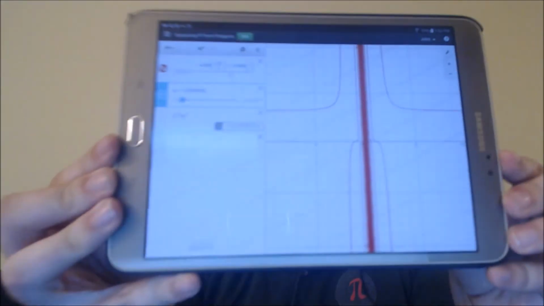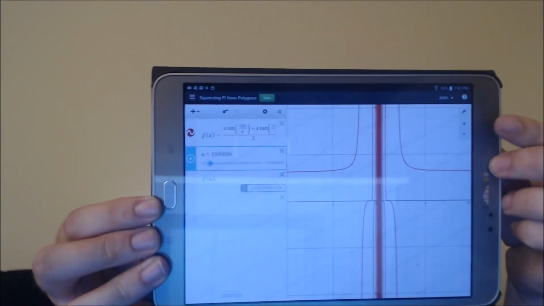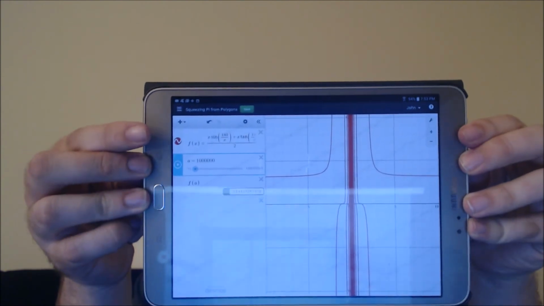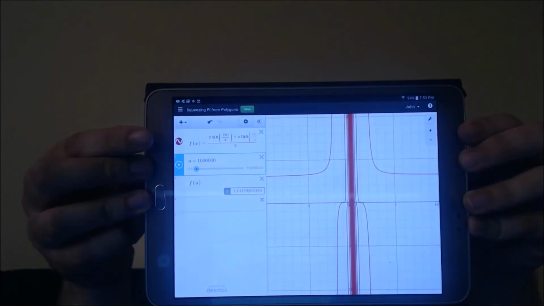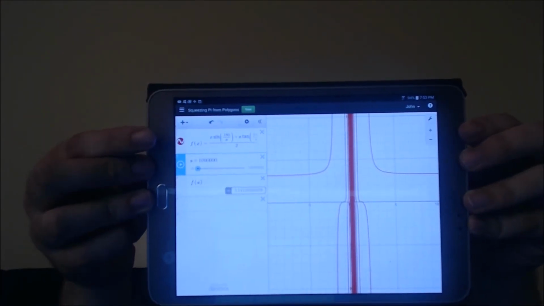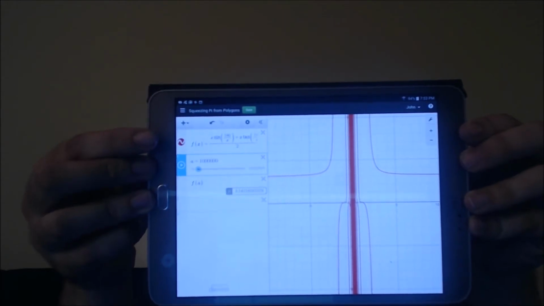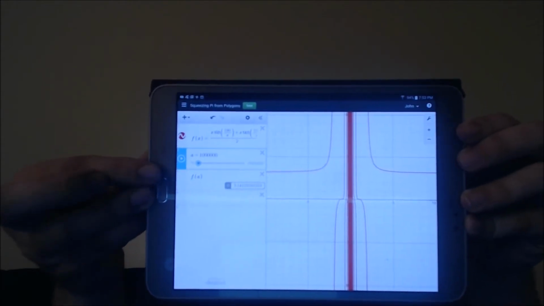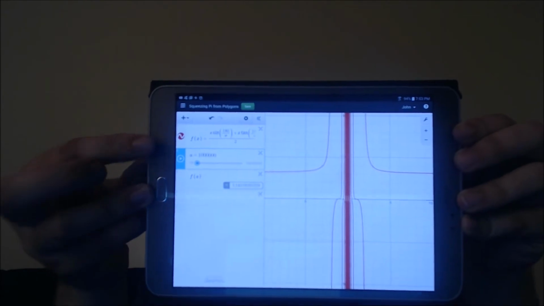Let me see if I can get this in a good angle for you guys. Okay, so I have Desmos pulled up here, and over here we have the function that I made, and down here, this is our pi estimation function.